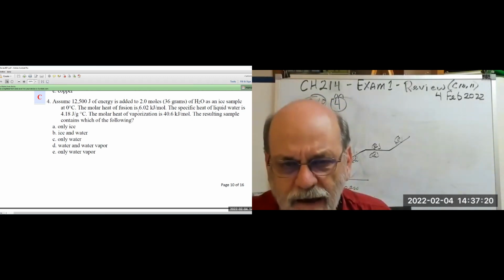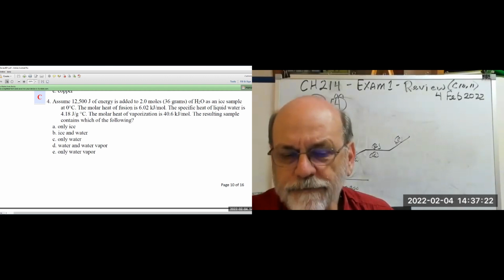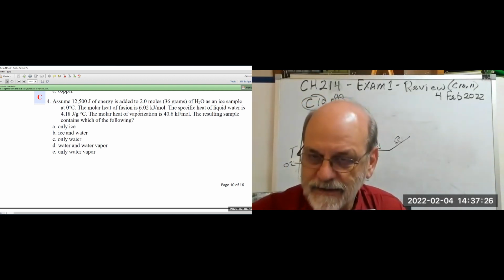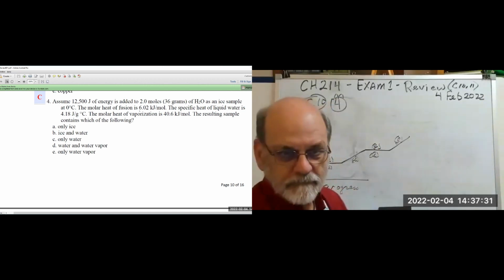So look at what we've got. The molar heat of fusion. That's how much energy it takes to melt the ice. 6.02 kilojoules per mole.